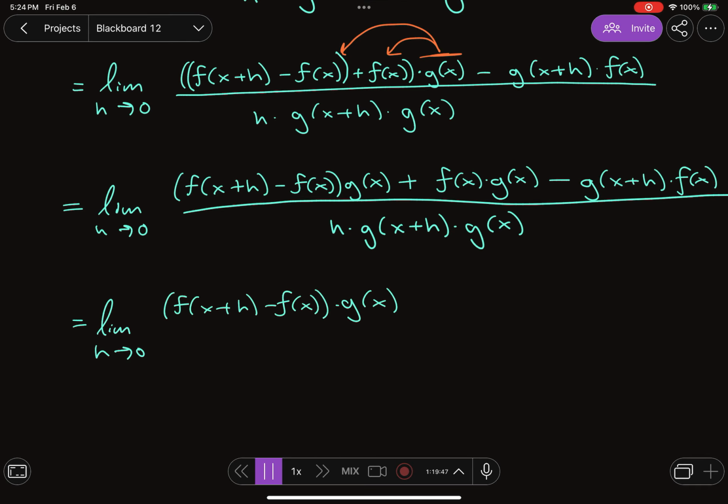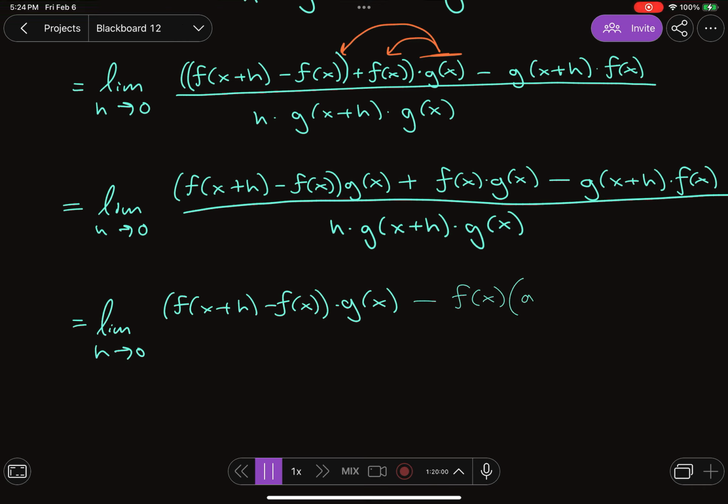And like I said, I'm going to factor out a negative f of x. In order to do that, I would have a negative f of x right here. But when I distribute it, it has to make sense. So in order for that to make sense, what I'm going to write is a g of x plus h minus g of x. Notice you can simply check my work.